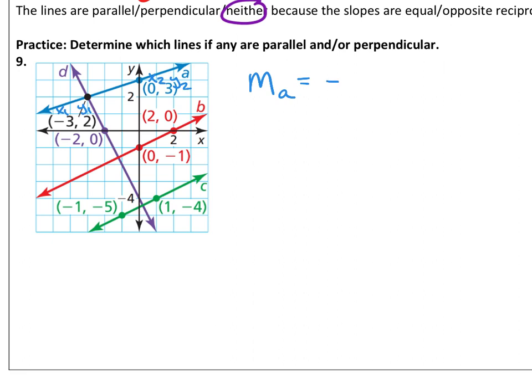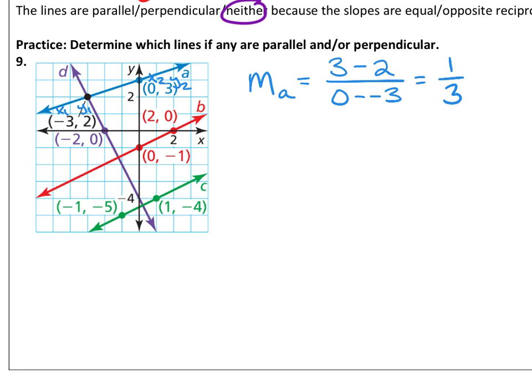So when we do our slope, this would be 3 minus 2 over 0 minus -3. Calculator question. That's going to be 1/3. Fabulous. I found the slope of the blue line.